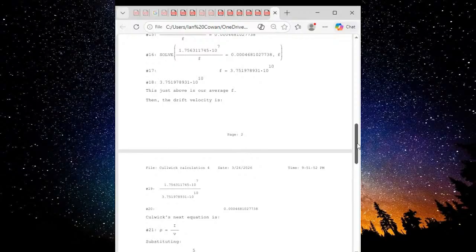Even just trying to find the drift velocity, you have to extremely expand the inertial mass of the electron, which, as I say, is practically 0. So if you're talking about multiplying something by 0, it's still about 0.